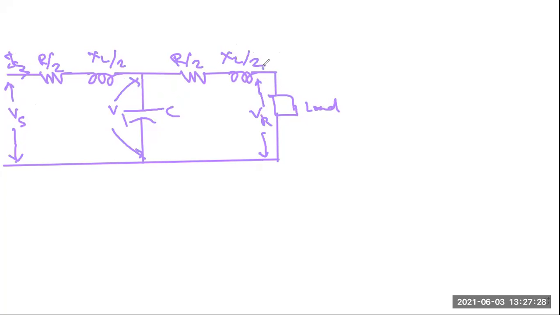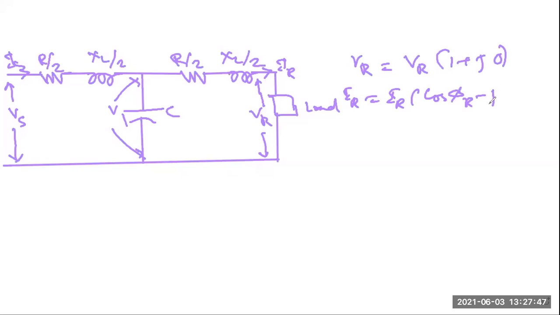So this is your IR. First we'll write VR equal to VR into 1 plus j0, and then IR equal to IR into cos phi R minus j sin phi R. Now V1 will be equal to VR plus IR into R by 2 plus j XL by 2.